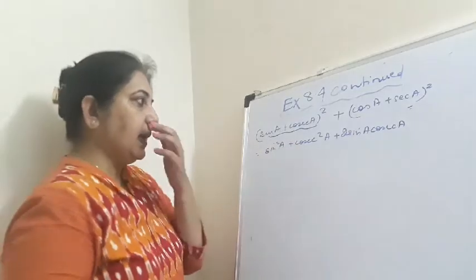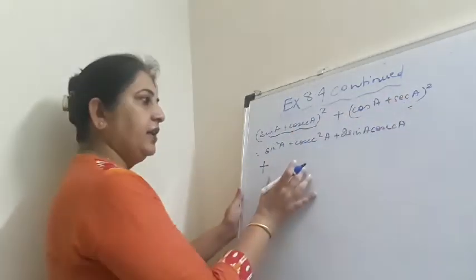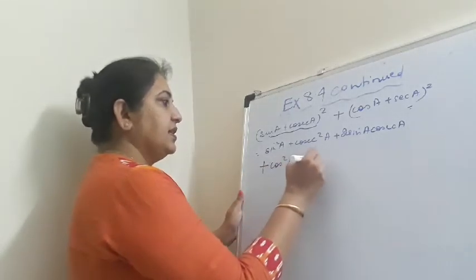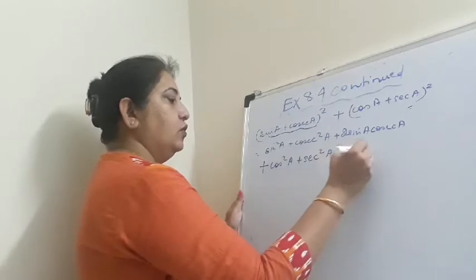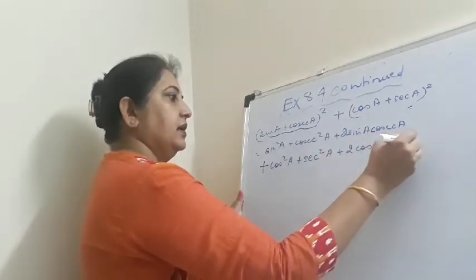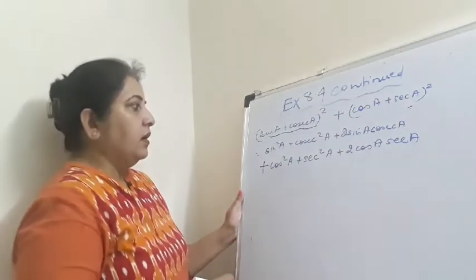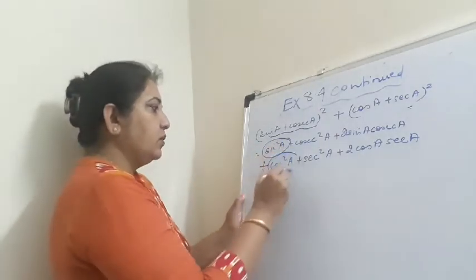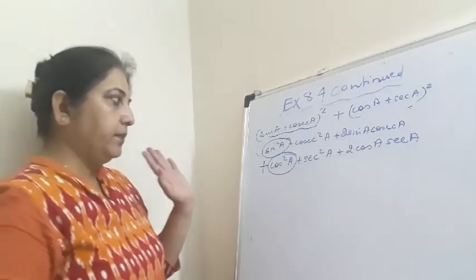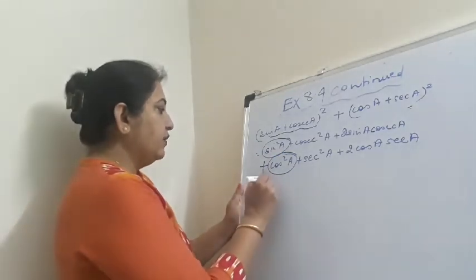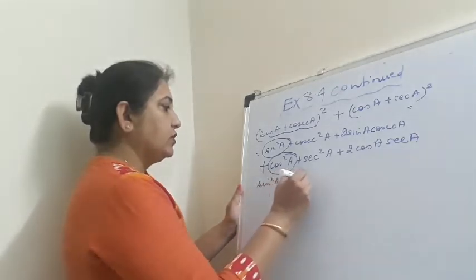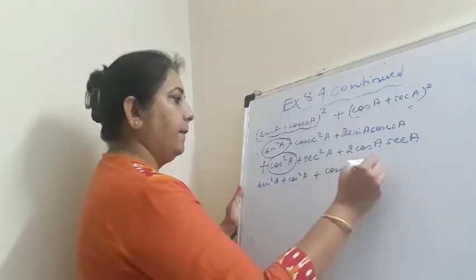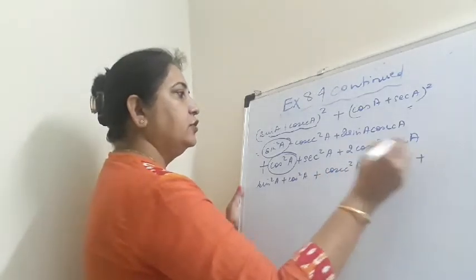Then plus this part, I am writing here so that you can easily see: cos square A plus sec square A plus 2 cos A sec A, right? Now if I see sin square A and cos square A, that will be equal to 1, right? So I will combine and write sin square A and cos square A. Then I can write cosec square A plus sec square A and 2.